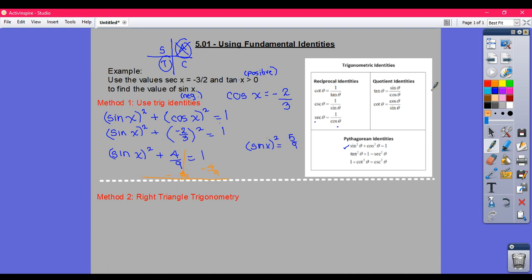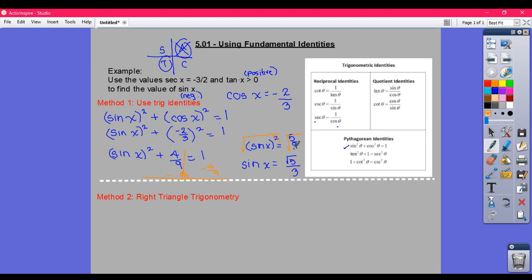And then from here, I'm going to get rid of the square by square rooting. Whatever I do to one side, I do to the other. So I'm left with sine equals square root of 5/9. Now, fun fact, when you square root a fraction, you can square root each one individually. So I'm going to square root 5, which is just square root of 5, and I'm going to square root 9, which gives me 3, no square root.